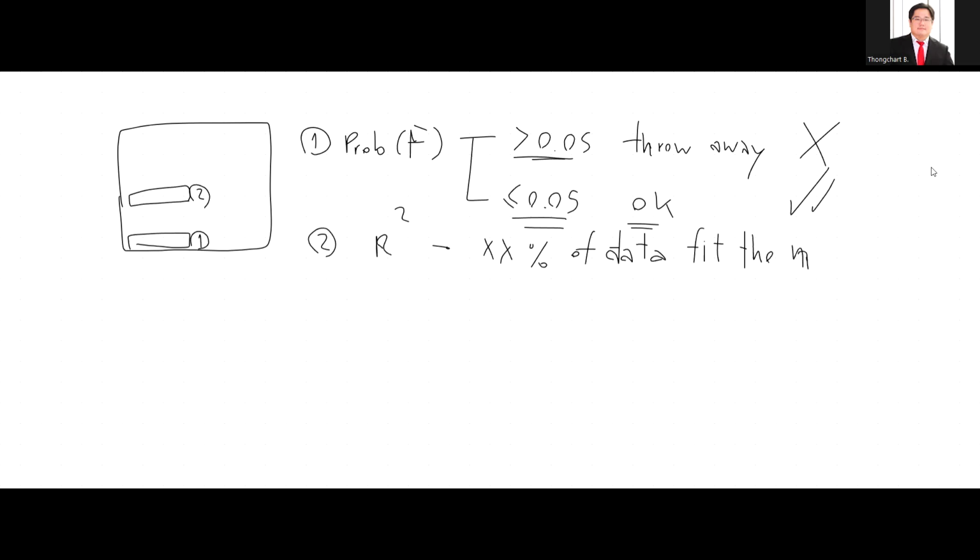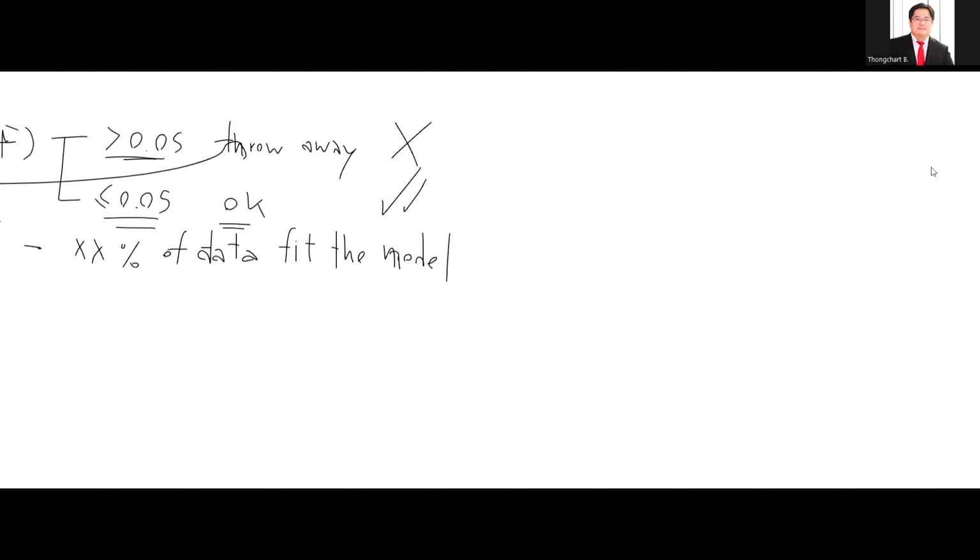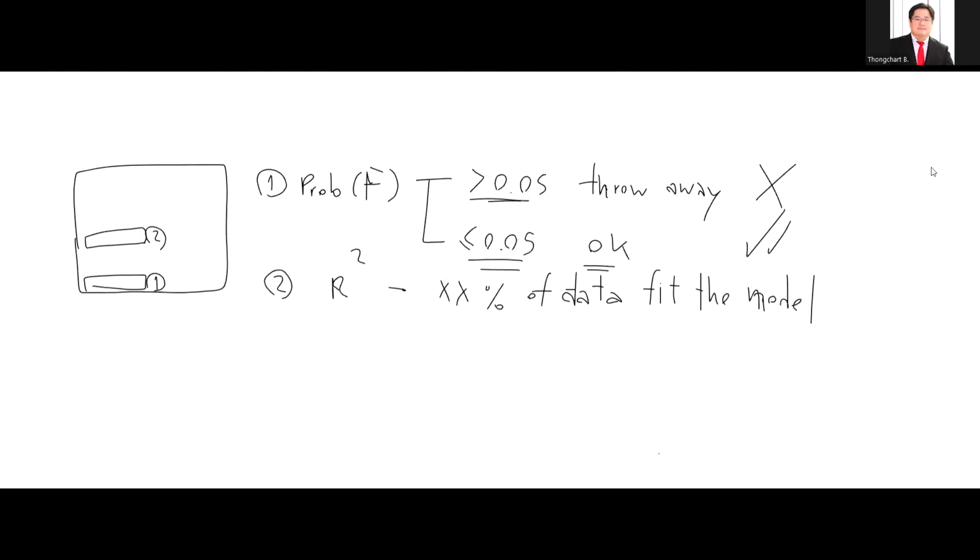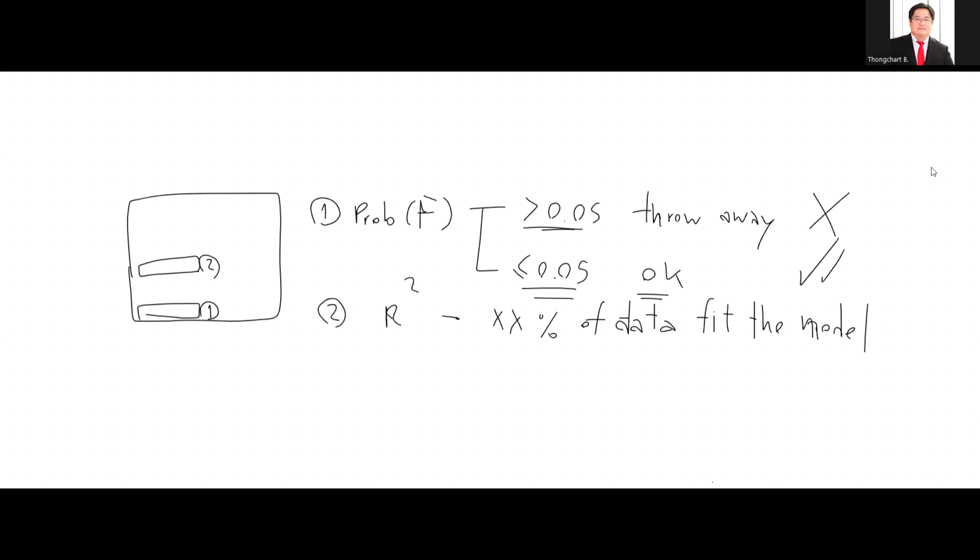So it means how well your model can be used for forecast. And then you have to interpret the individual T. They have the probability here, which is number three.